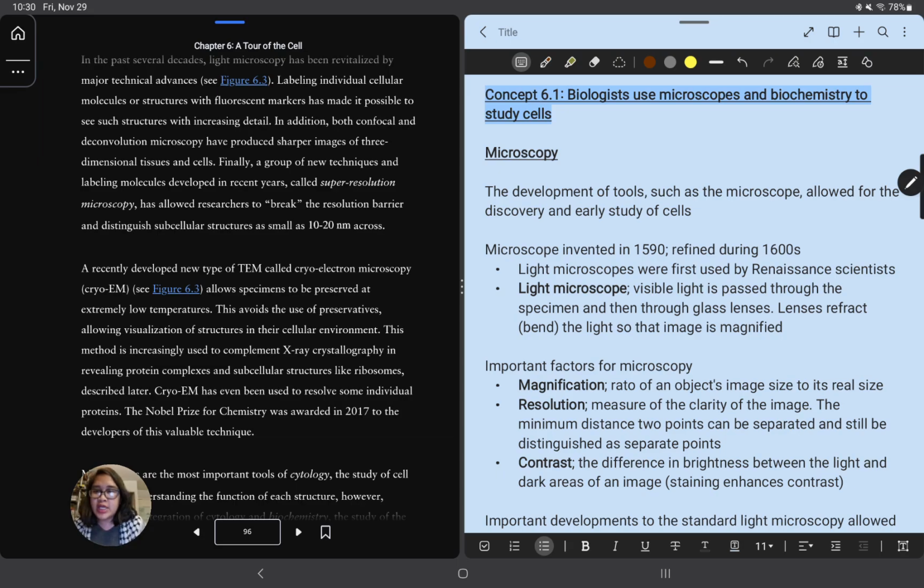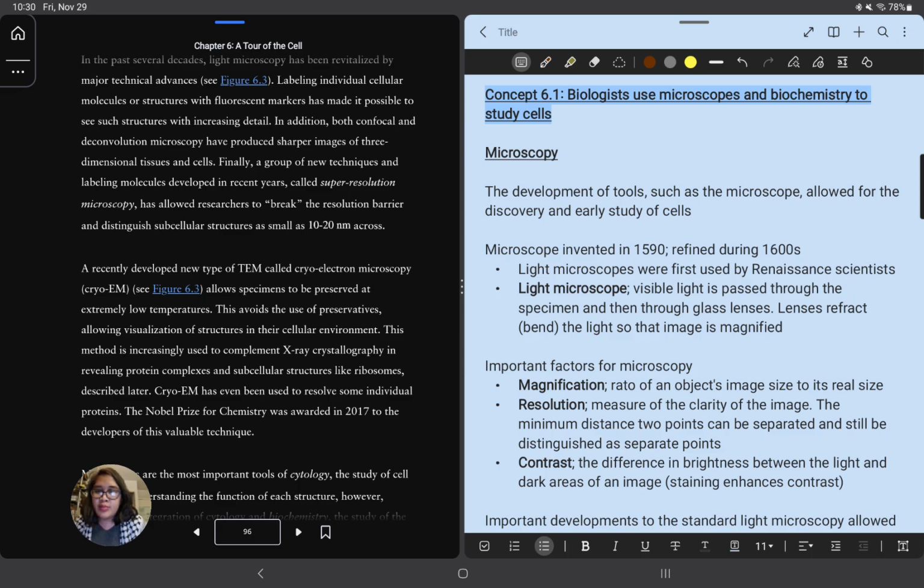In the past several decades, light microscopy has been revitalized by major technical advances. Labeling individual cellular molecules or structures with fluorescent markers has made it possible to see such structures with increasing detail.